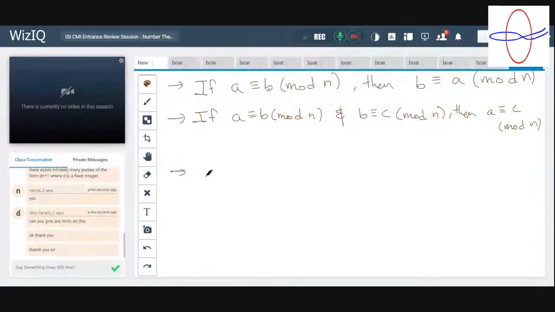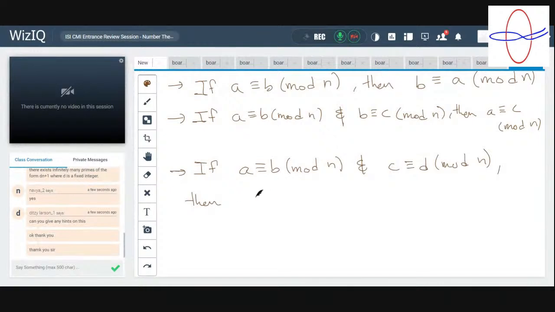Now the properties that actually make it useful. If a is congruent to b mod n, and c is congruent to d mod n, that is, they are modulo the same thing, then you can add them on the corresponding sides.